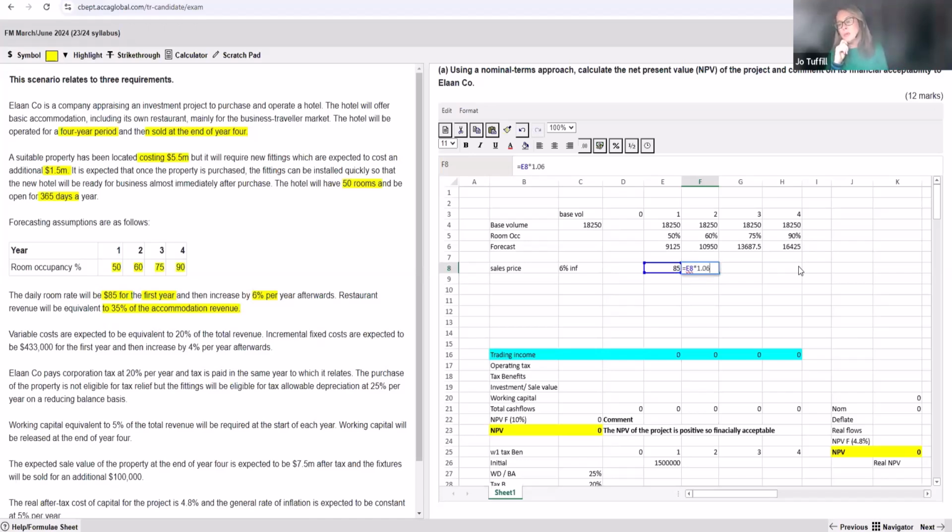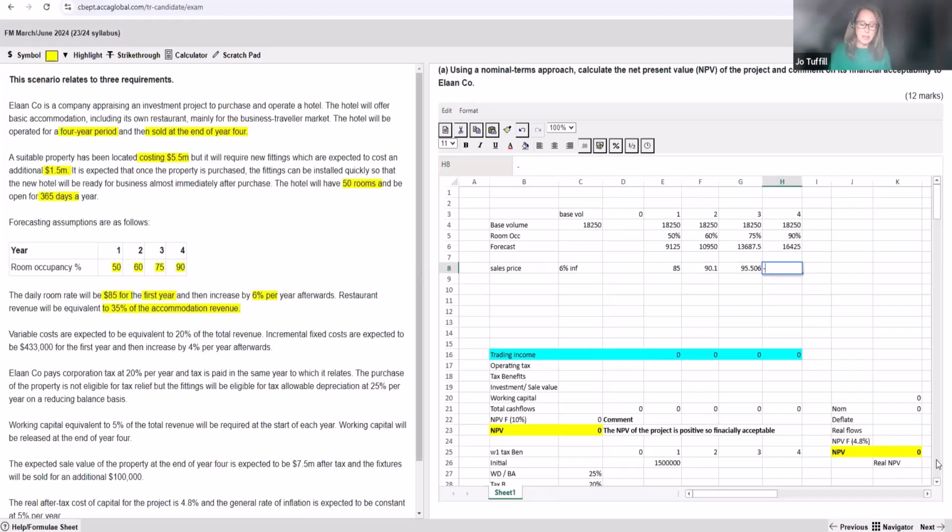If I put the wrong one in, they can say, okay, you can get half a mark for inflating it, but you can't get half a mark for the full, correct inflation. Now, obviously, the easiest way, if you've only got one rate of inflation and one price, is just to continue inflating it up like this. But if you have changing prices each year, then you need to inflate it differently. You need to inflate it like this.